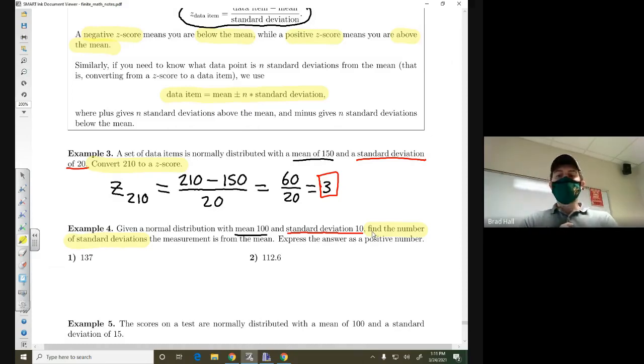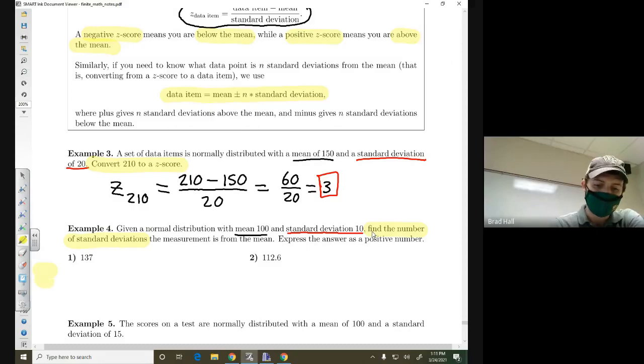Now, the way they worded it, there is one caveat to this, and it seems as though I did not put an example here. I might have to add a third one to really emphasize this. But let's just go through the first two. So they're basically wanting us to find the z-score, because the z-score is the number of standard deviations from the mean.